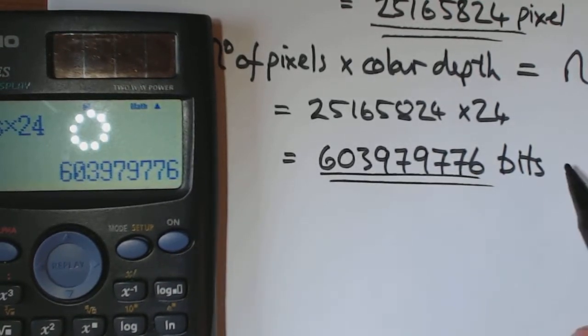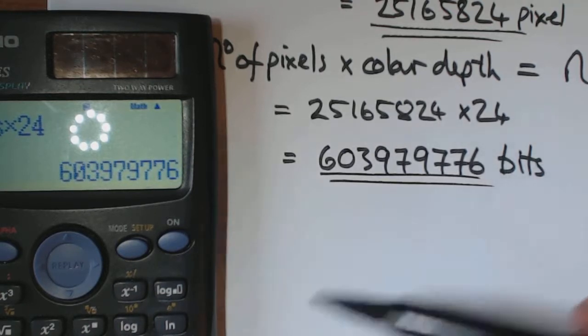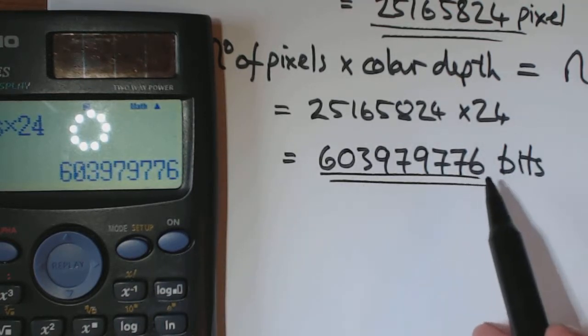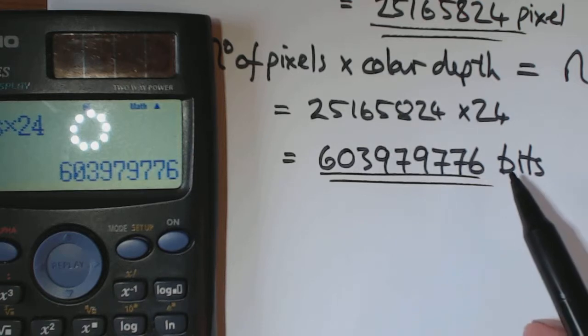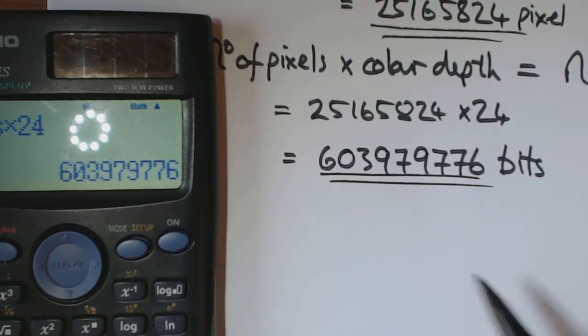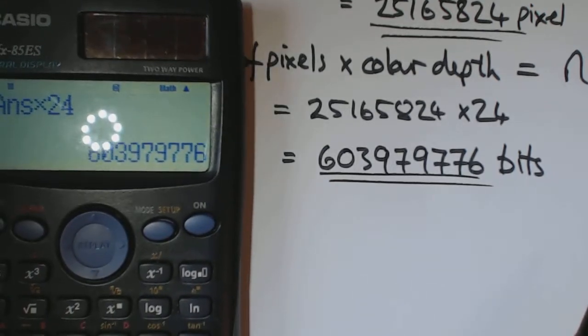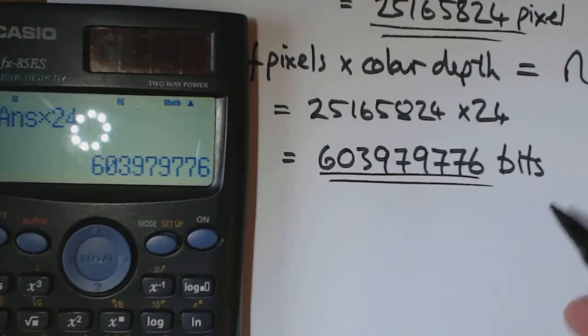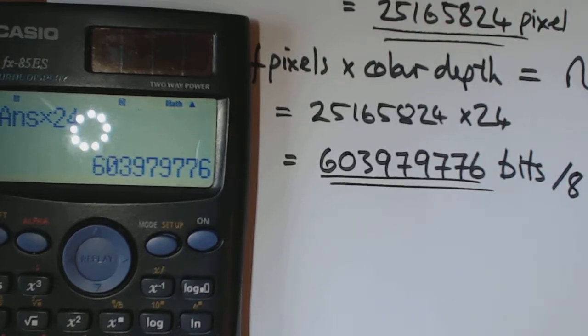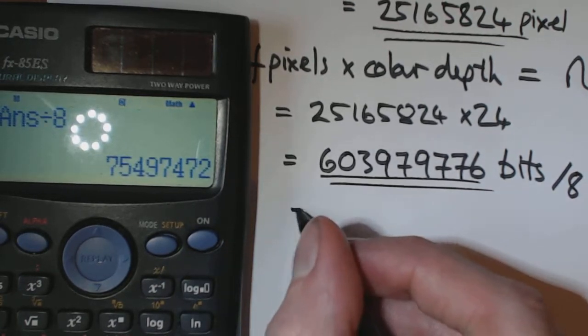Now that number's far too big, so we're going to reduce it by changing the units. We're going to make the units bigger and that number will come down. To get from bits to bytes, divide by 8.